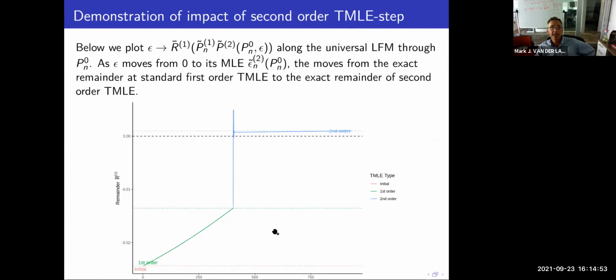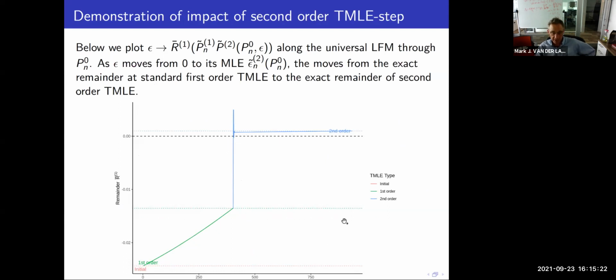And you can actually see that again. Here is an example. Here's the exact remainder of a first order TMLE. And here's the initial estimator. When you run the first order TMLE, you move in the right direction, so the remainder gets smaller. So you get here. But then you run the second order TMLE and it moves much more in that direction and reaches this very small value for the exact remainder.